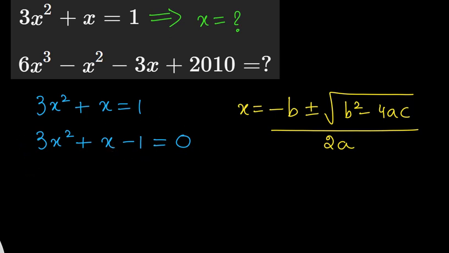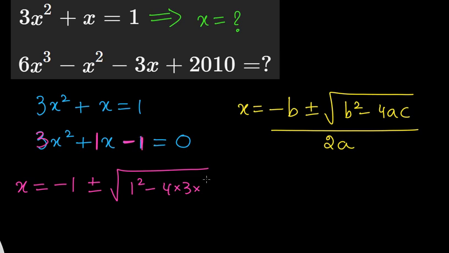So let us calculate the value of x here. x will be equal to minus b. What is b? b is the coefficient of x, which is 1, so it is minus 1, plus or minus the square root of b square, which will be 1 square, minus 4 times a, which is 3, the coefficient of x square, times the value of c, this constant term, which is minus 1, so we have to multiply minus 1, and completely divide this by 2 times 3, that is the value of a.